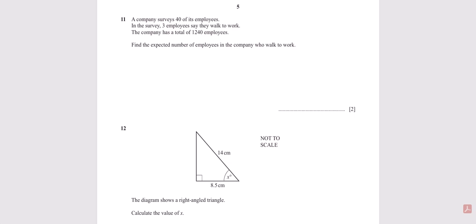Question number 11. A company surveys 40 of its employees. In the survey, 3 employees say they walk to work, means that 3 employees out of 40 walk to work.